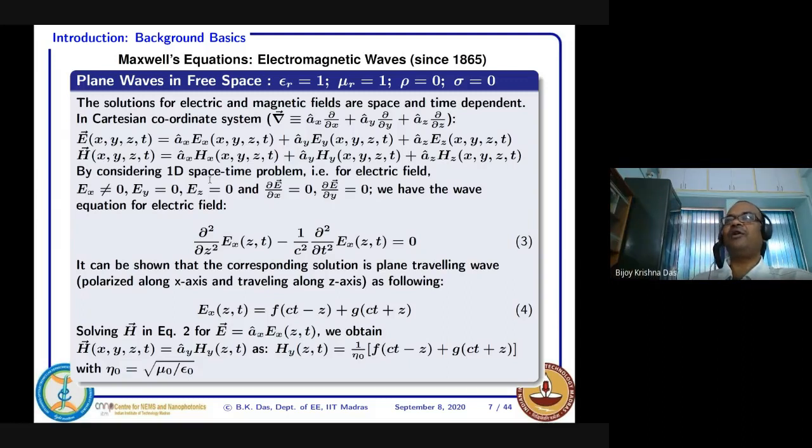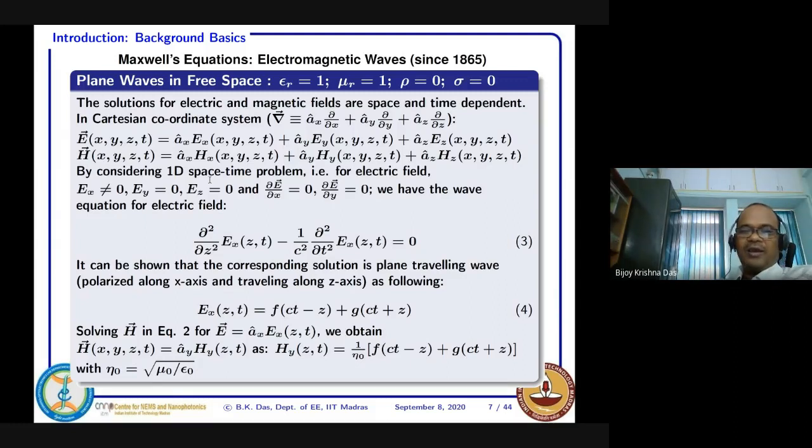You can think that in the x direction and y direction it is invariant, nothing is changing. Because it is a vector anyway, right? Electric field vector and magnetic field vector, and it's space dependent. I can always consider that only a z direction change is there.